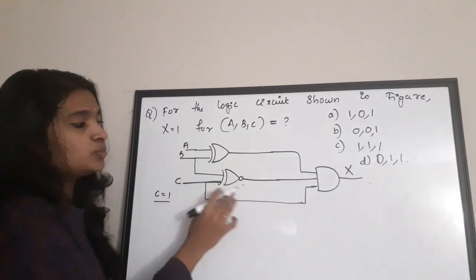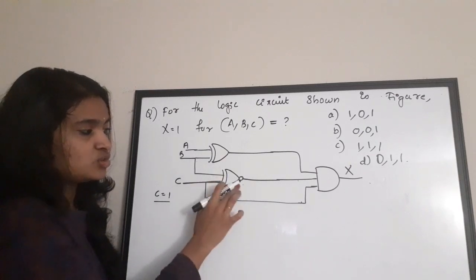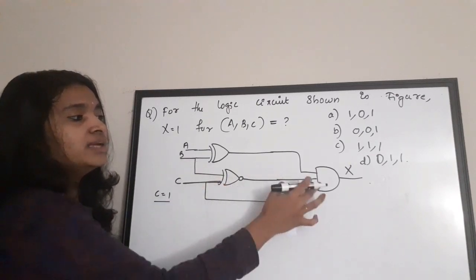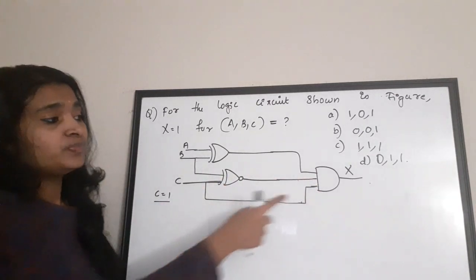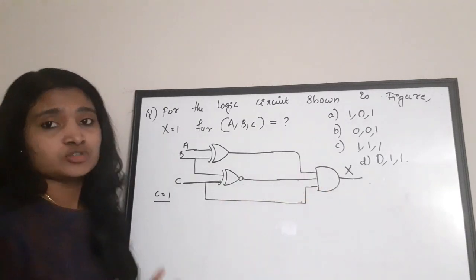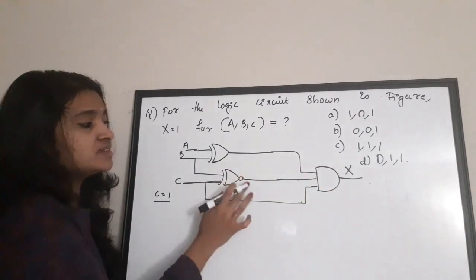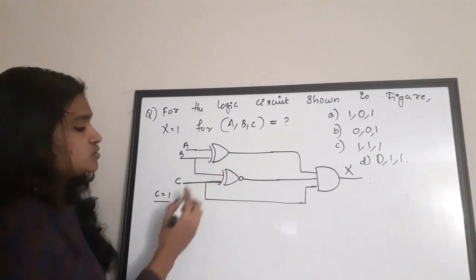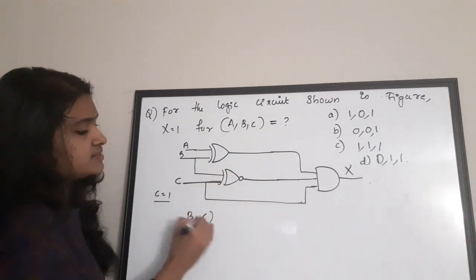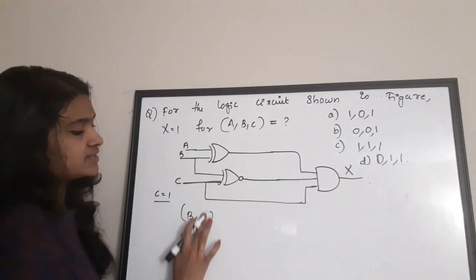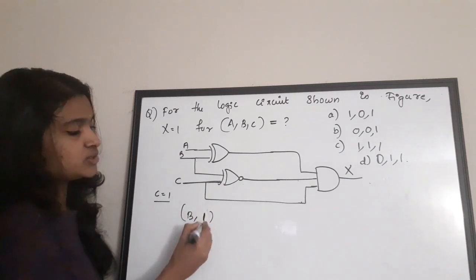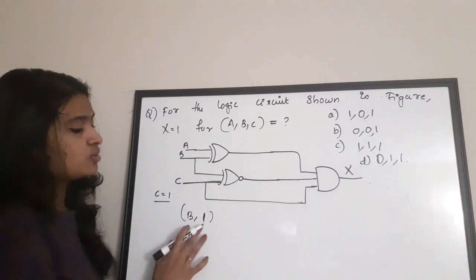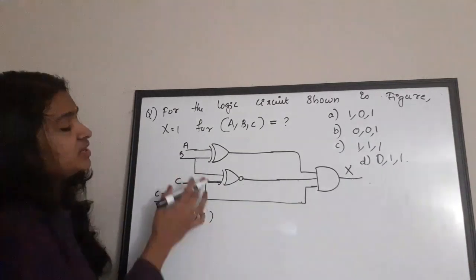Because if the output of this gate, that is the XNOR gate, is equal to 1, only then the next input of the last AND gate is also 1, right? So, we need to make this also 1. So, for that, what combination of B and C should we take? Anyway, one thing is clear, C value is equal to 1. So, it is B, 1. What is the value of B?